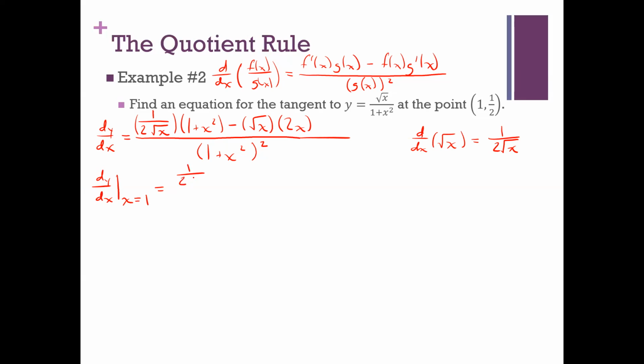That'll be 1/2 times 1 times 1 plus 1 minus 1 times 2, all over 1 plus 1 squared.